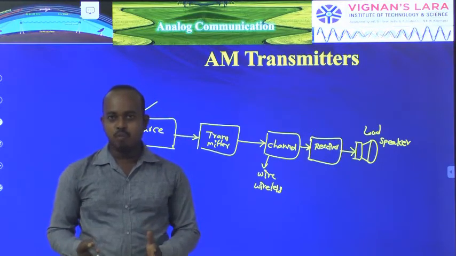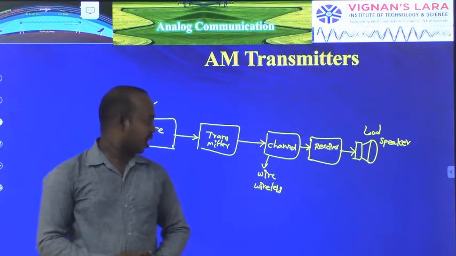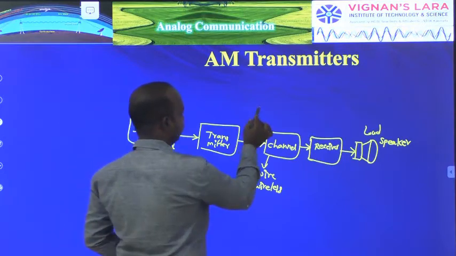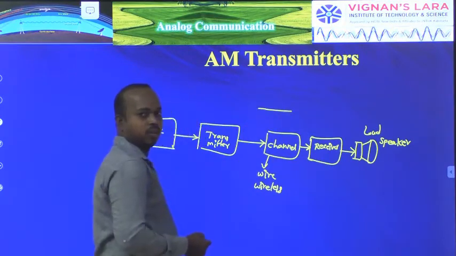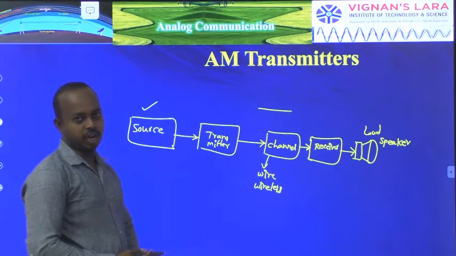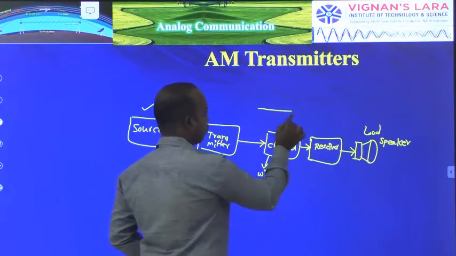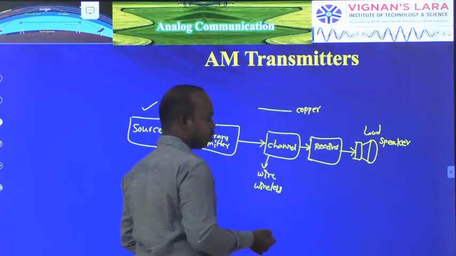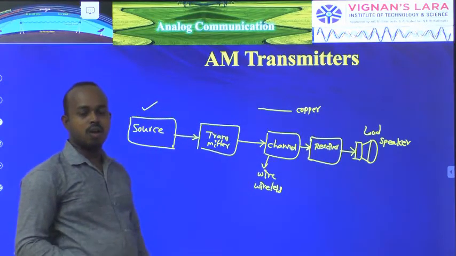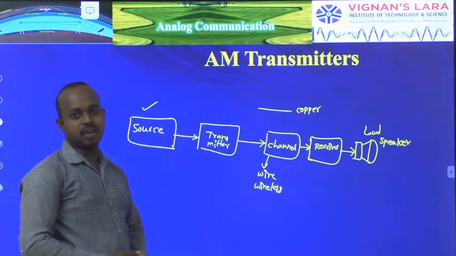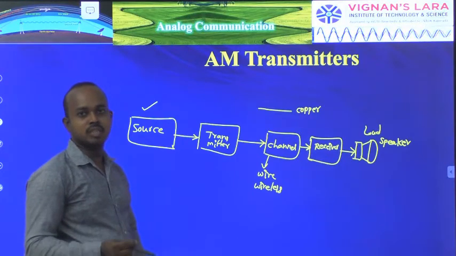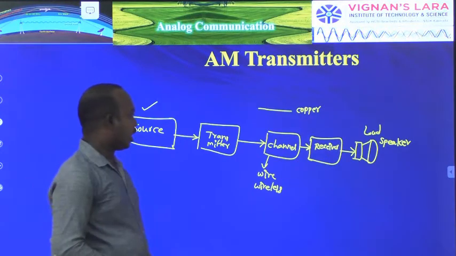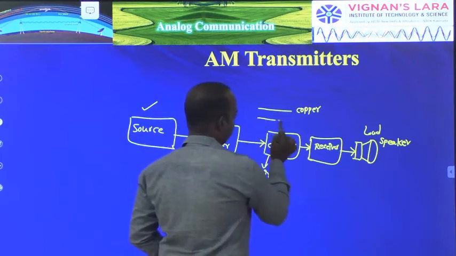If you use wire communication, the channel is a wire. We use different types of wires like copper wire. Copper wire is used in telecommunication systems, and in the normal telegraphic system we also use copper wires and optical cables.